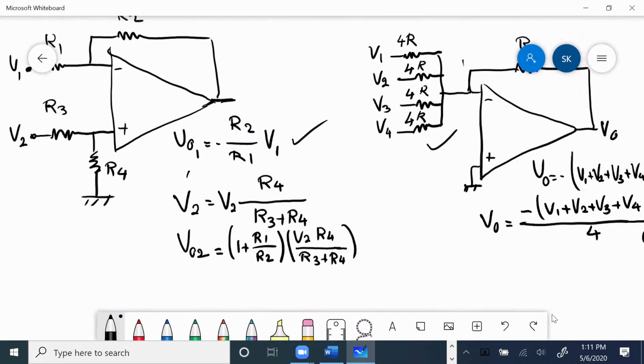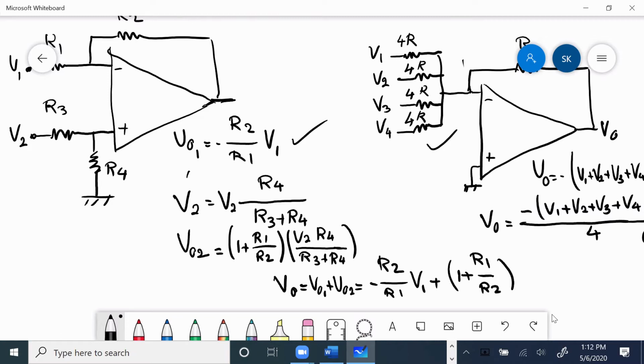And therefore V out would be V out 1 plus V out 2, and that would be minus R2 over R1 V1 plus 1 plus R1 over R2 times R4 divided by R3 plus R4 V2.